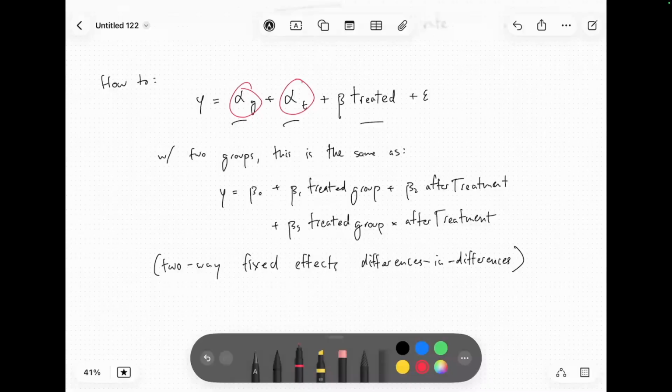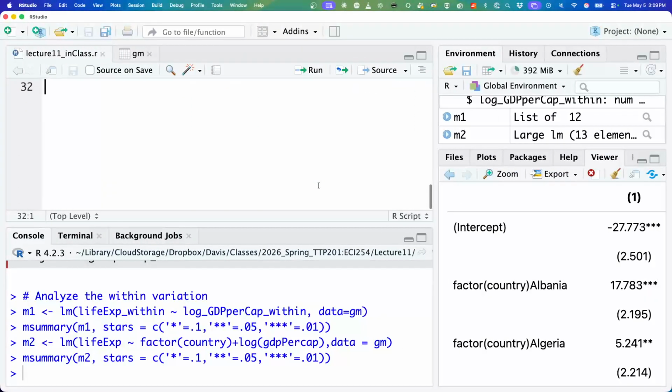One group being, in this particular example, the areas, and then one group being the time. Okay? So differences in differences is somewhat related to the fixed effects that we talked about earlier. Okay, any questions? No? Okay, then let's jump on over to R, and we can do another example.